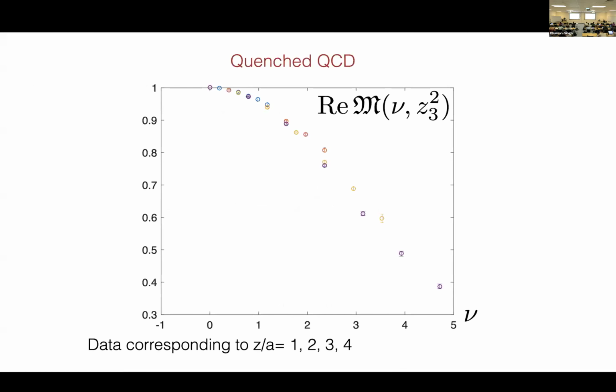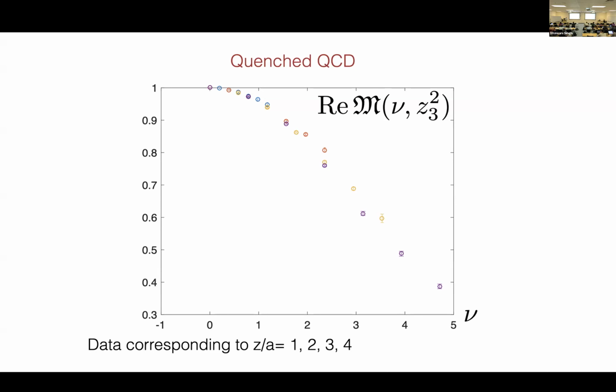And here I wanted to quickly point out that if I perform this lattice calculation and compute this object as a function of nu, which is the Fourier dual of the momentum fraction x, and Z square, I get a bunch of points, and I have color coded all these points with respect to the value of Z square.